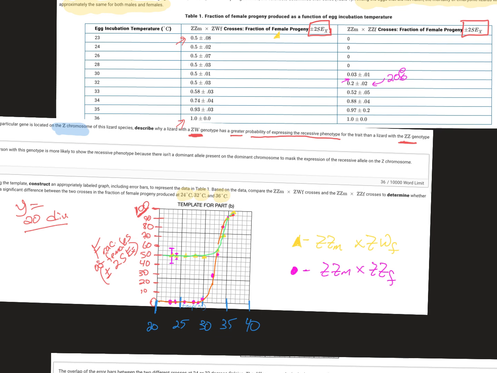The next one is at 26, and that 26 for the triangles is going to be 0.07. So 5 would be here, 6, 7. A little smaller than 8. Not quite as far as 8. Again, there's some estimation involved. Then at 28, you have 3% off. So at 28, we're looking at something like that again.